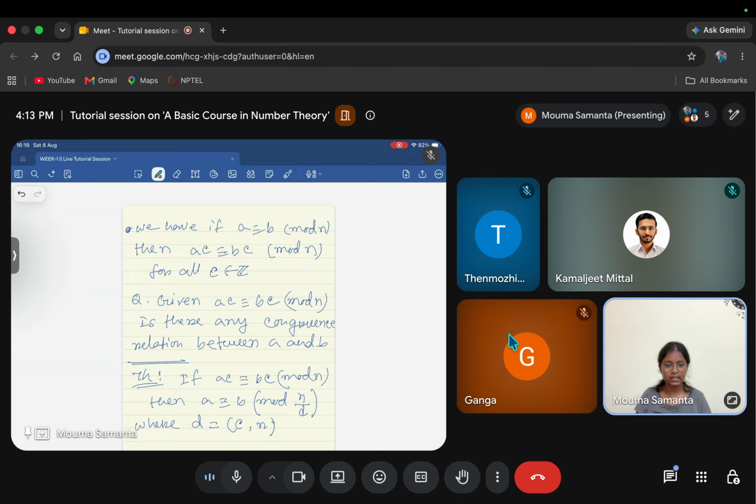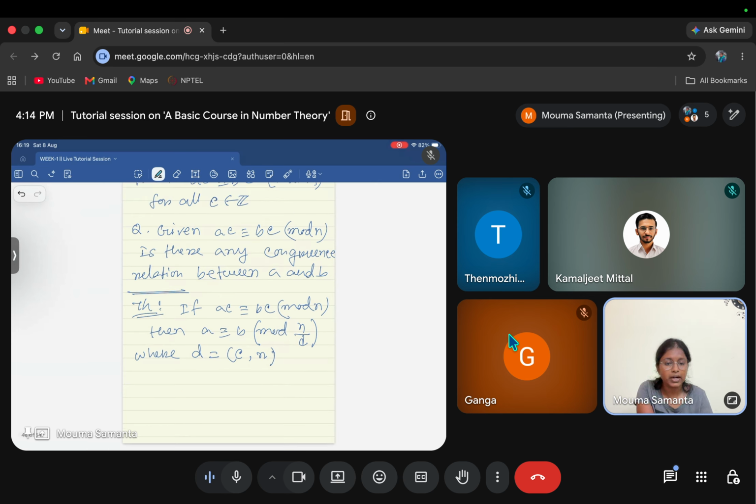The answer is not always mod n, but we can get a congruent to b mod n by d, where d is the GCD of c and n. Now this is some kind of converse of the previous statement, and let us try the proof.